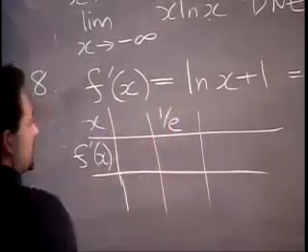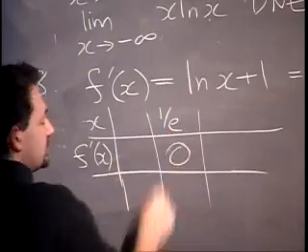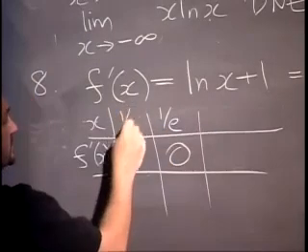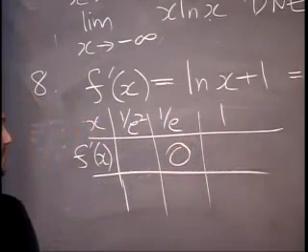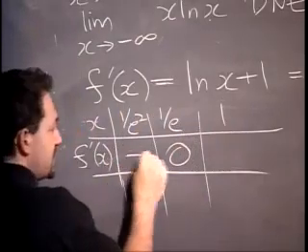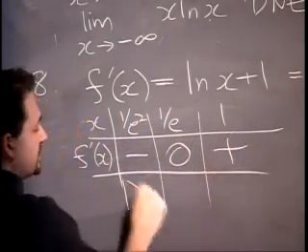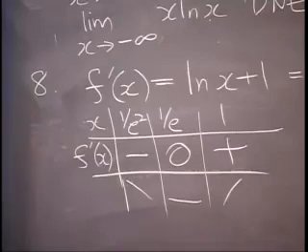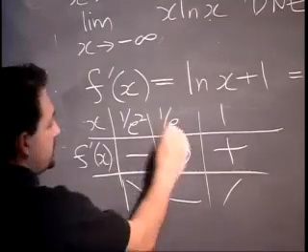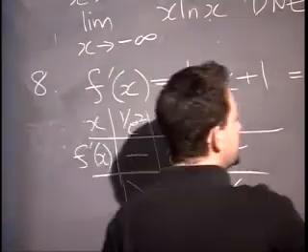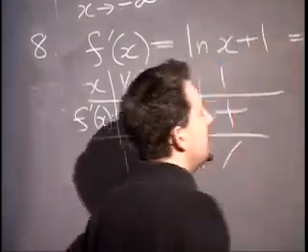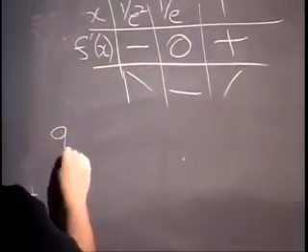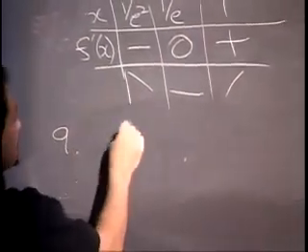But anyway, when x equals 1 over e, we found the derivative was 0. And as you might recall from the very beginning of this session today, we found that the derivative is negative here, positive there. So look back at the beginning, and you'll see that we indeed have a minimum at 1 over e. So x equals 1 over e is a minimum, local minimum. Now, step 9 says we have to analyze this, or at least find the y-coordinates.